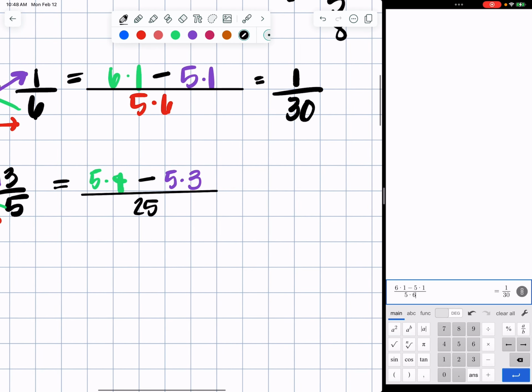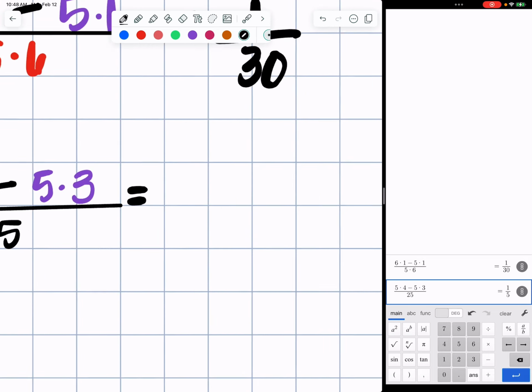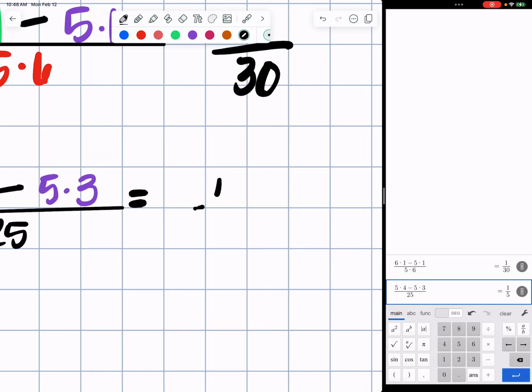I can go and put this all back in Desmos again. So I'm going to start with the fraction button, and I'm going to do 5 times 4 minus 5 times 3 divided by 25. I get 0.2, but I don't want a decimal. I want a reduced fraction, so I'm going to push the little fraction button on the right. And my reduced fraction is 1/5.